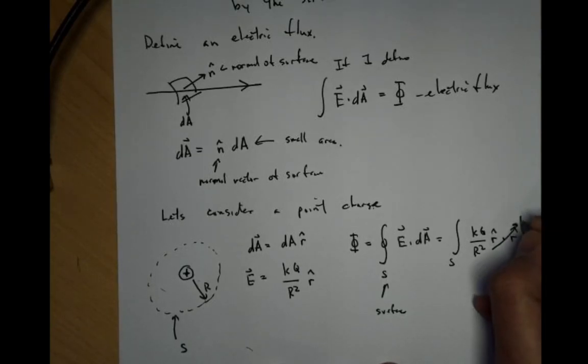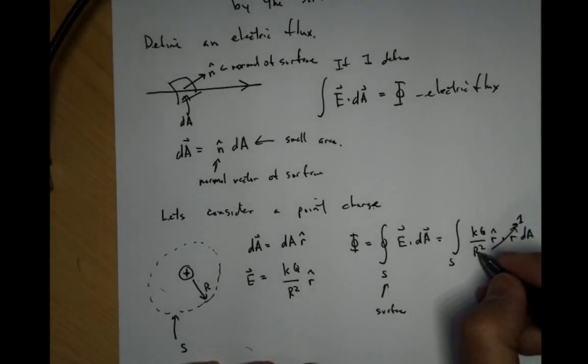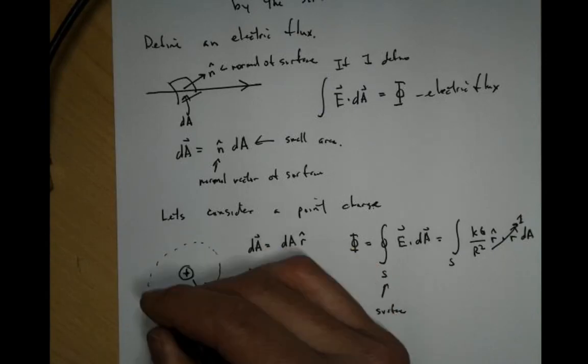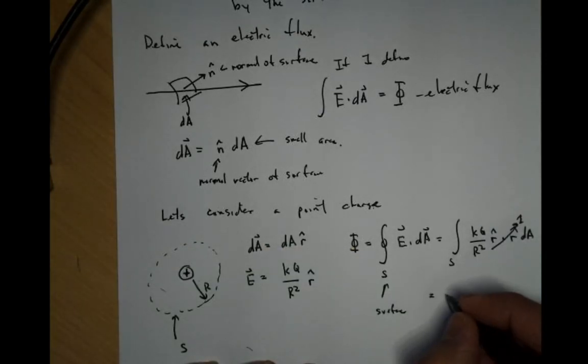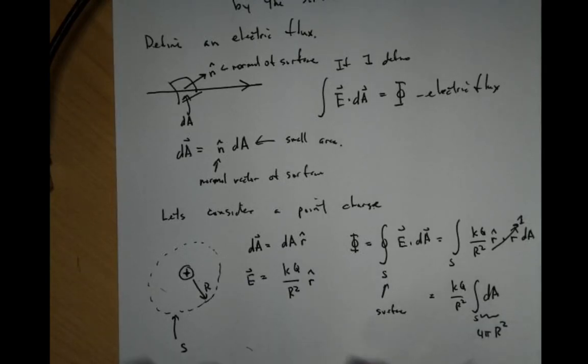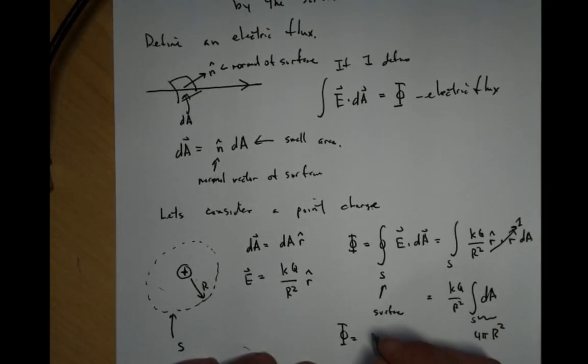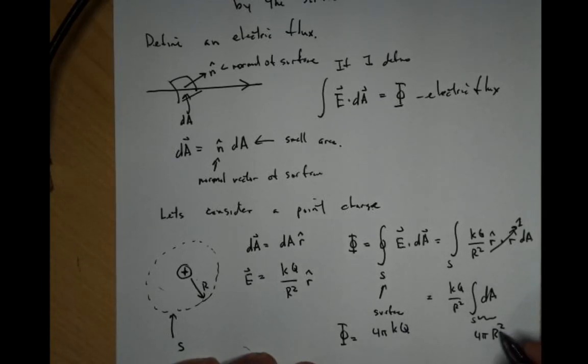That goes to 1, and since kq over r squared is constant, I just integrate dA over the surface, which is the area of a sphere, 4 pi R squared. So phi is equal to 4 pi kq. The r squareds cancel.